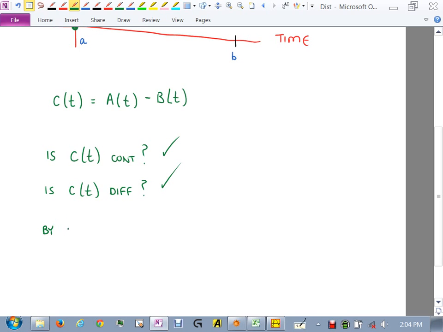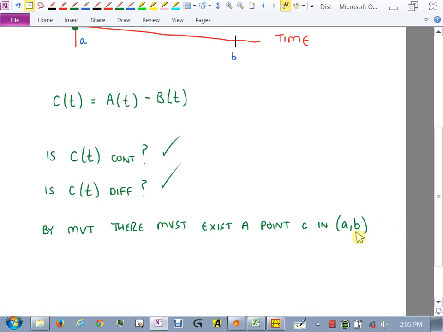By the mean value theorem, there must exist a point, which I'll call little c, in AB.